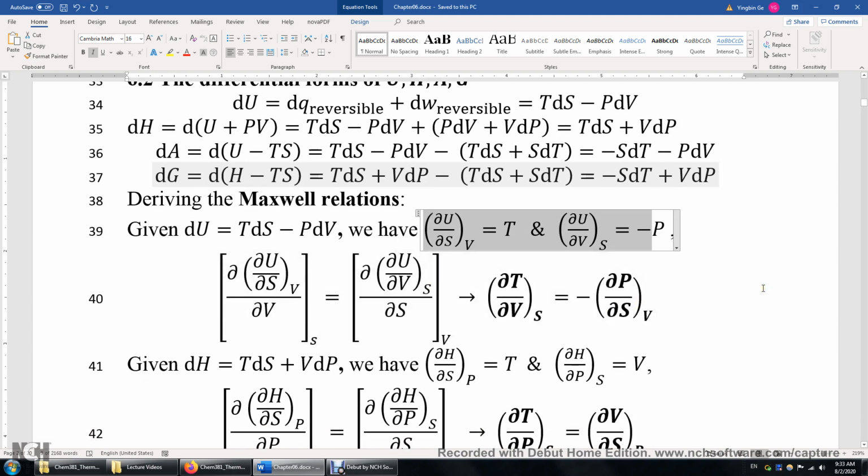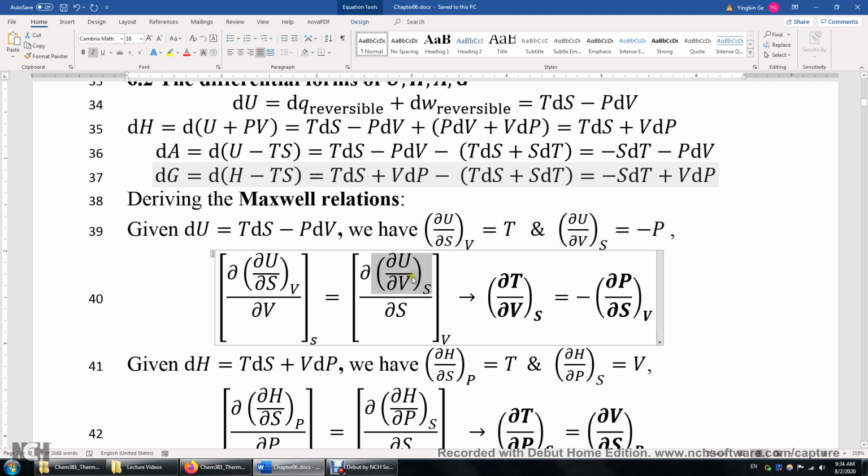And now, remember in calculus, we have learned this. Since U is a state function, the second derivative of U with respect to S and V, or in a different order with respect to V and S, should be exactly the same. So basically this part is delta T over delta V. Now we have delta U over delta V on the constant entropy condition.